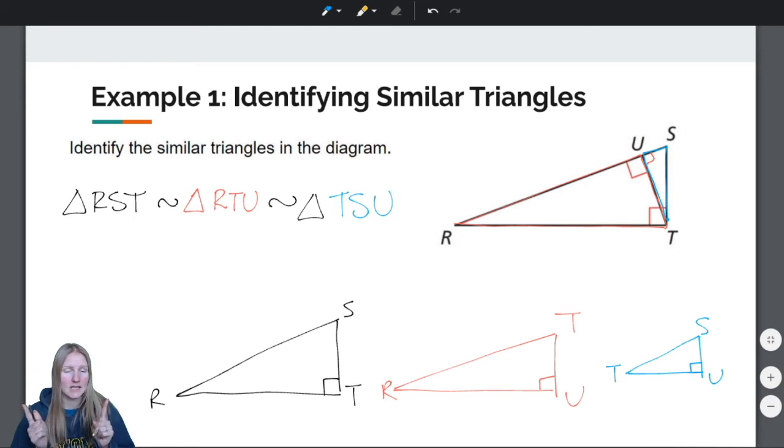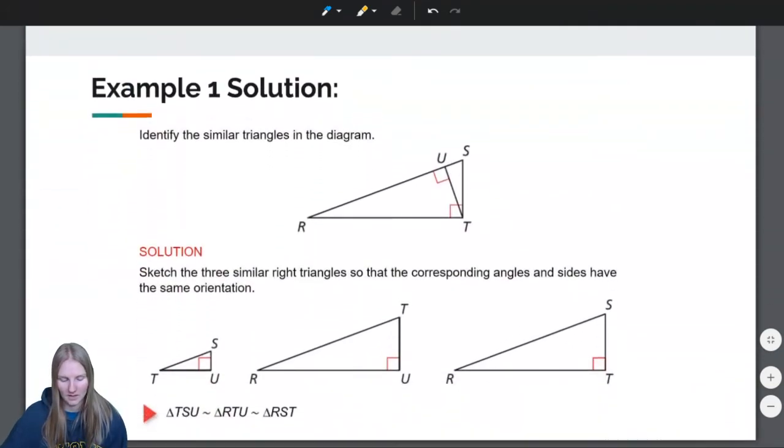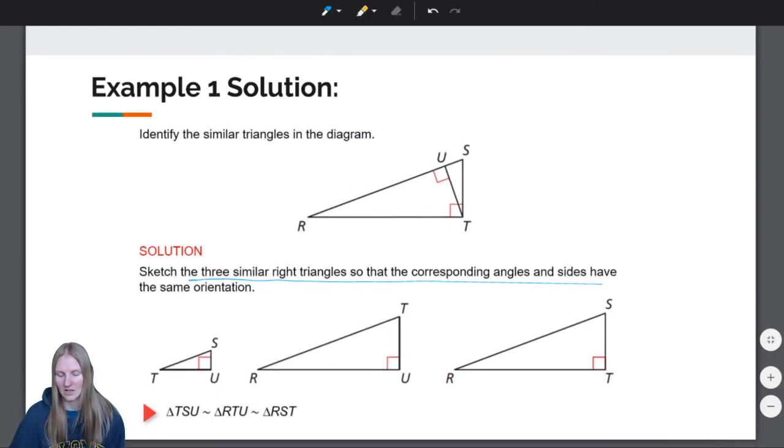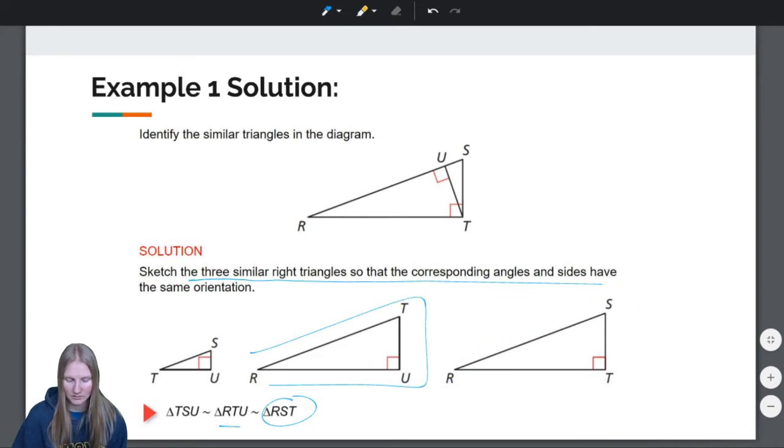Now, let's check our answer. Sketch the three similar right triangles so that the corresponding angles and sides have the same orientation. So they have triangle RST, that's the original, and then they have RTU, which is our red triangle, and then they have TSU.